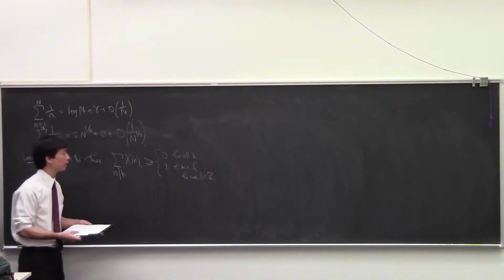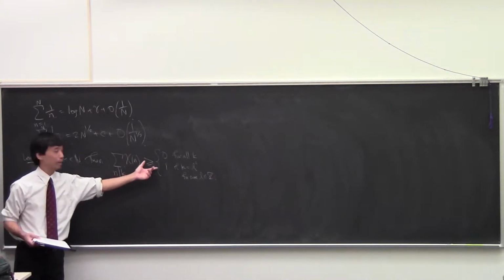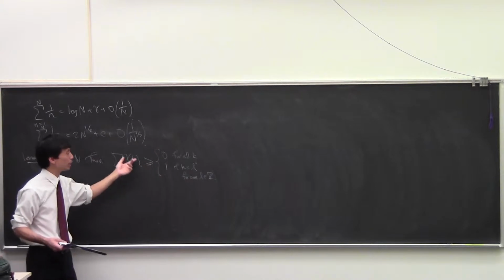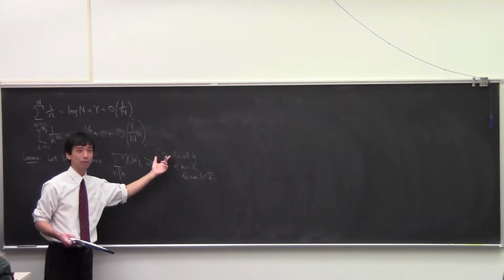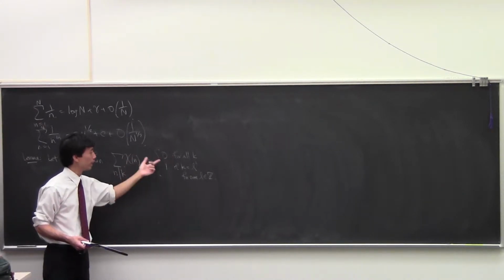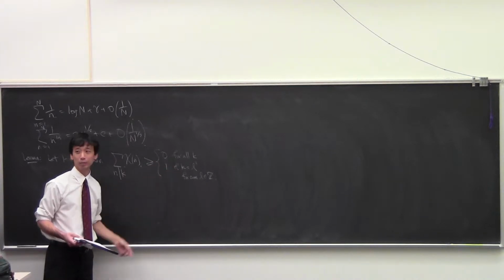So if k is a square, we have a lower bound of 1, and in general we've got a bound of 0. So this thing is always nonnegative, and if k is a square, it's at least 1.